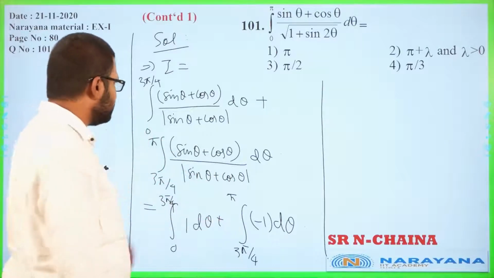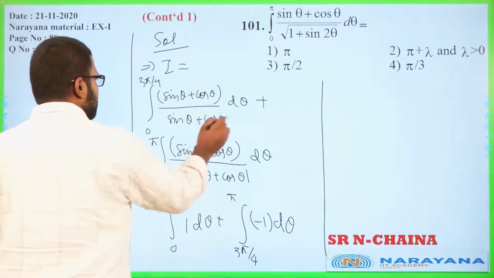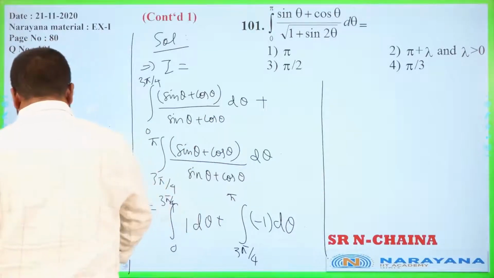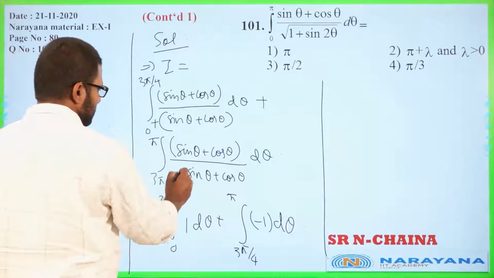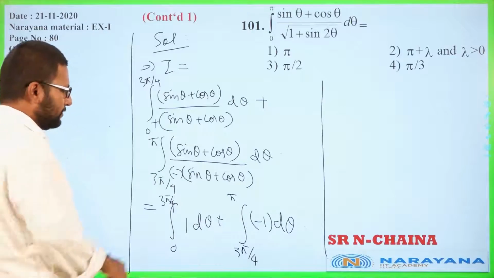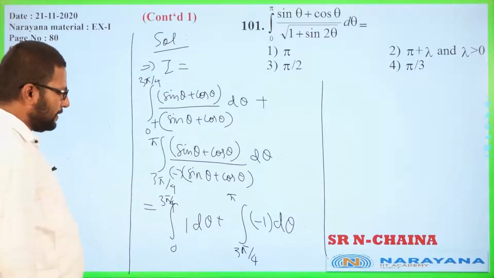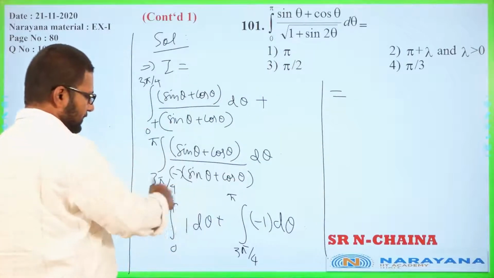Alright. Just to be clear, let us write this as plus and minus, for the sake of clarity. So now you will realize how we get plus 1 and minus 1. And therefore, after this it is obvious, right?